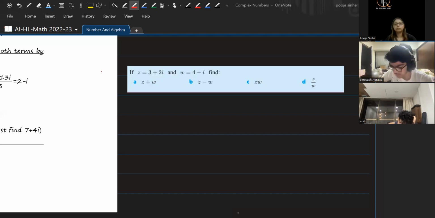For D, I got 10 plus 11i over 17. That's correct. Ash, I need to check yours. Because you get an imaginary number in the numerator, but not in the denominator. Shreyash, did you get 12 plus 2i square in the numerator? No, what I got was 10 plus 11i.